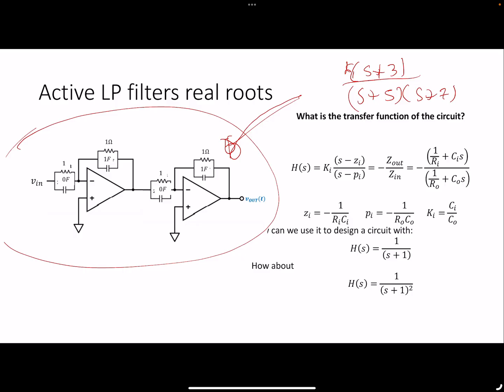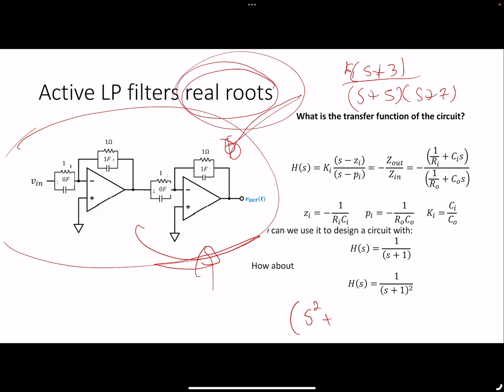In the exam, you're only going to be tested on filters with real roots, but do realize that there's a caveat here. If you have a complex root or a complex pole, this topology is not going to get you there. Because remember that when you have a complex pole that really looks like s squared plus 9, this would be completely imaginary, and so you can't really get a single stage thing like this to give you a response like this.